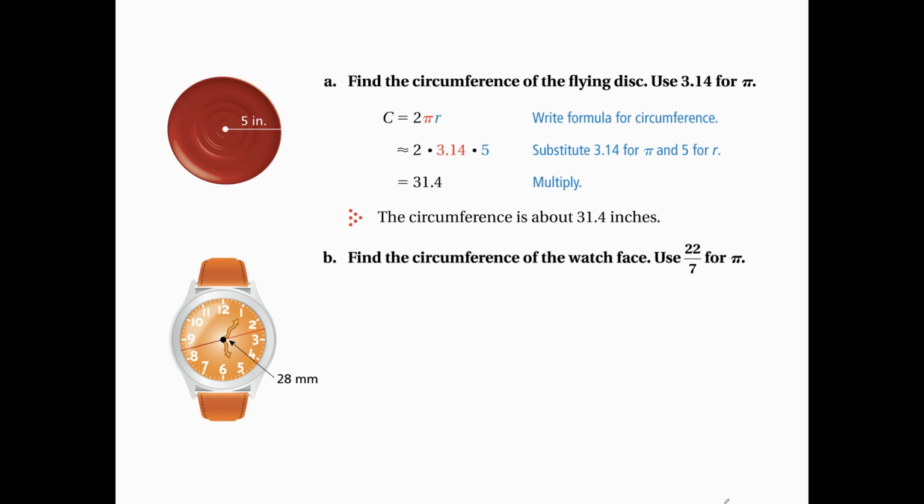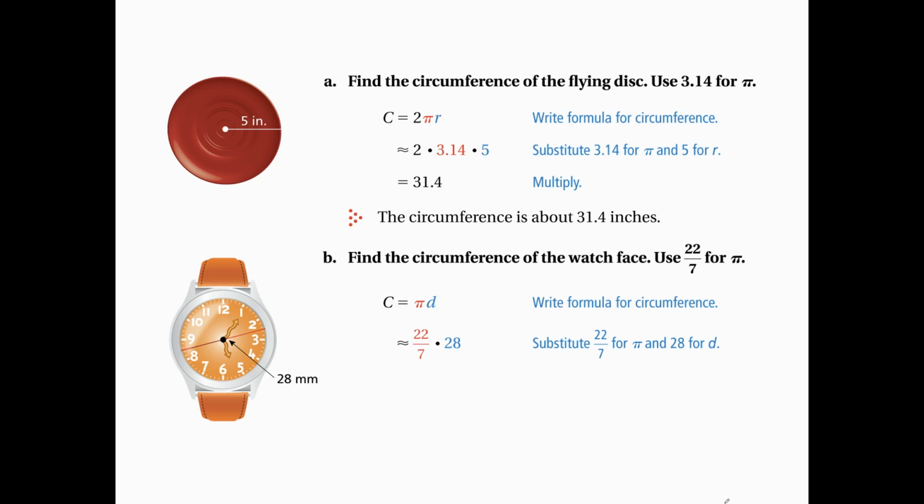All right, for the next one, we're using 22 over 7 for pi, and I'll point out why we're going to use it for this problem. So here's the formula. We have the diameter. That red line goes all the way across the watch through the center. That's the diameter.